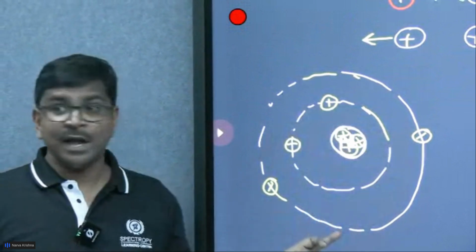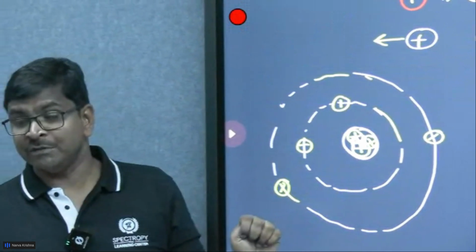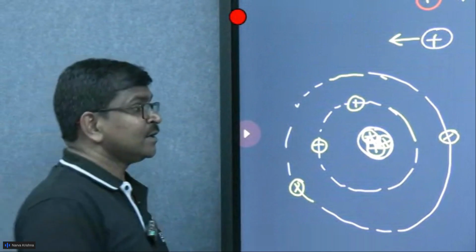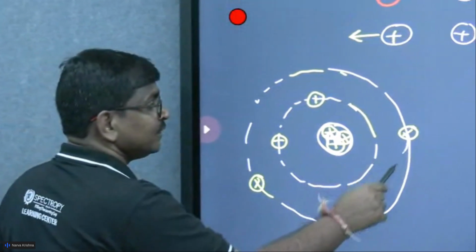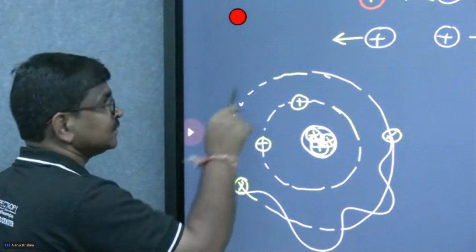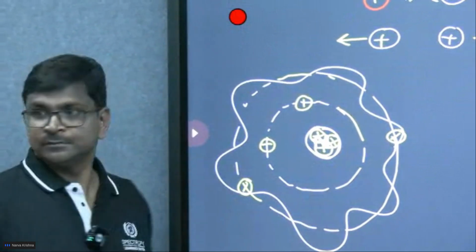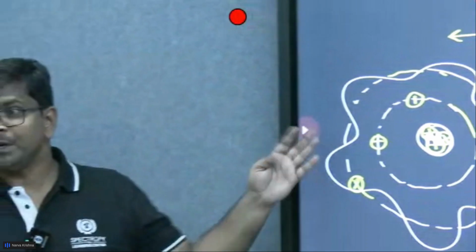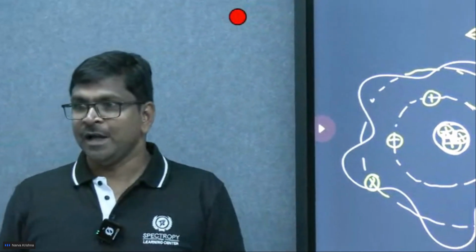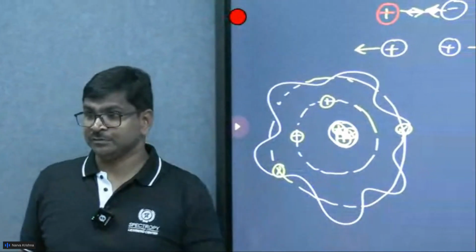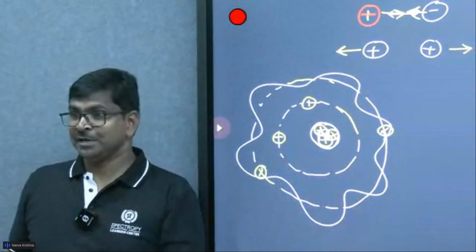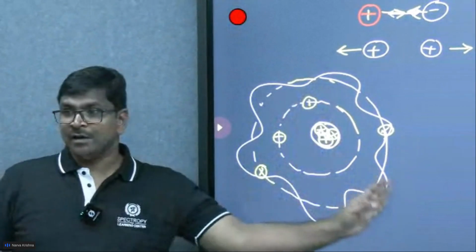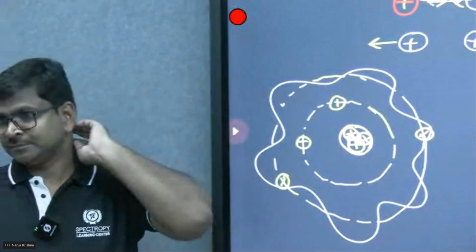Instead of that, it is moving, and also in 10th class especially, they will tell you these circular orbits are actually in a wave-like structure, right? That is why it has dual nature. And it has angular momentum and angular velocity also, because it is moving like this.